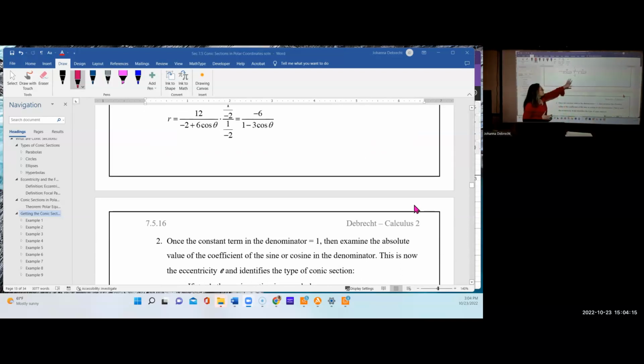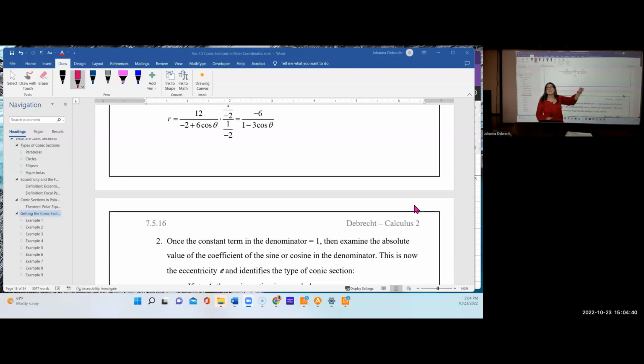Once I have it in this form, I want to look at the absolute value of the coefficient of the trig function. So I look at the second term in the denominator. When I'm looking at -3 cosine of theta, I know that that has to be the eccentricity times the trig function. But eccentricity here is strictly positive.